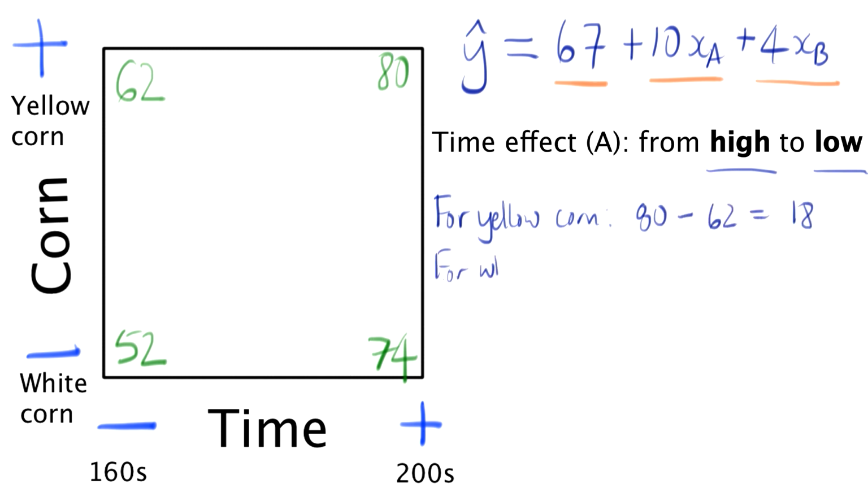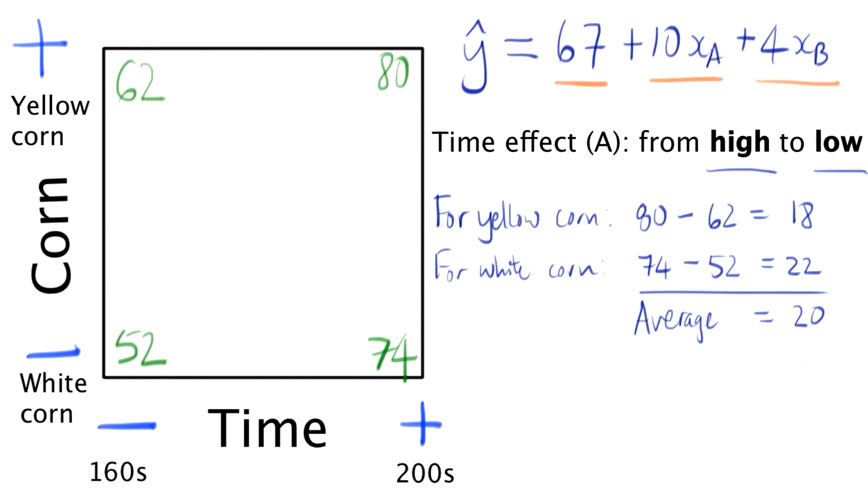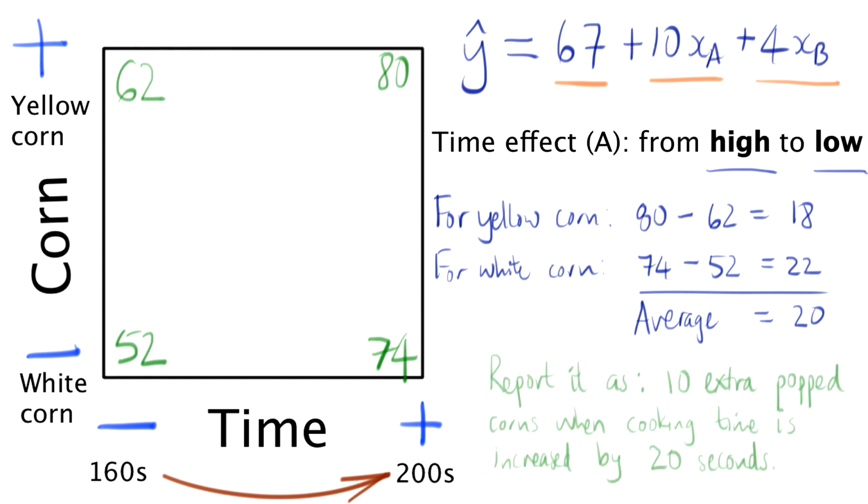The difference from high to low when using white popcorn is 74 minus 52, that's 22. So 18 plus 22, and the average of those two numbers is 20. And 20 tells us that that's the increased number of popcorns when we go from 160 seconds of cooking to 200 seconds. But it's our convention that we don't report the 20, we will actually report half the size, a value of +10, and that's where that +10 comes from.